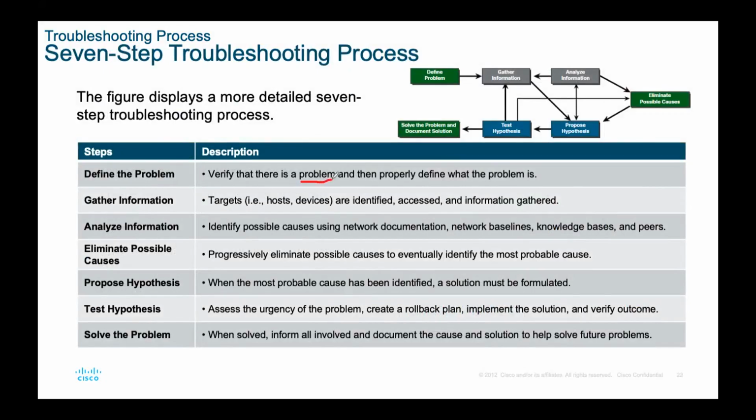Gather information: target hosts and devices are identified, accessed, and information gathered. Analyze information: identify possible causes using network documentation, network baseline, knowledge bases, and peers. Eliminate possible causes: progressively eliminate possible causes to eventually identify the most probable cause.